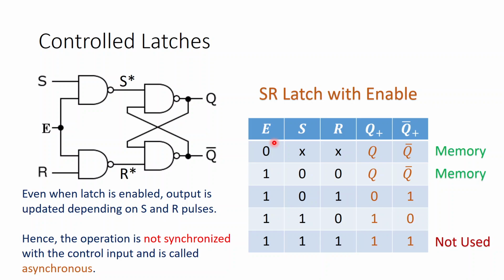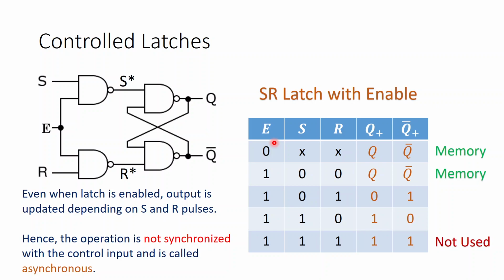The output is not getting updated depending on the enable input, which is the control input. We are treating the enable input as the control input, but the output is not getting updated with the change in the control input. It is still getting updated based on the S and R input.